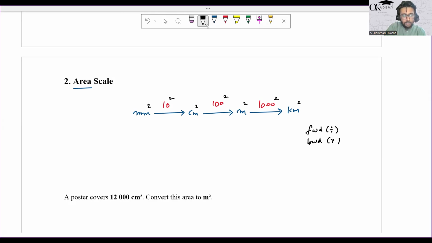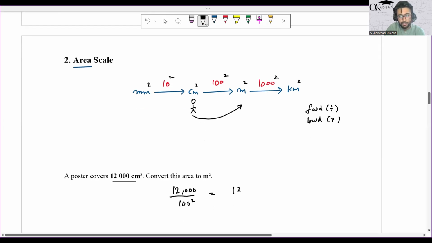That's it. So a poster covers 12,000 centimeters squared. This is where I stand. Convert this area into meters squared. I'm going forward, so I'll divide. I'll take 12,000 and divide it by 100 squared, because I want to convert it into meters squared. You can do it by using a calculator, or if you want to expand, you can also expand it: 12,000 divided by 100 multiplied by 100.